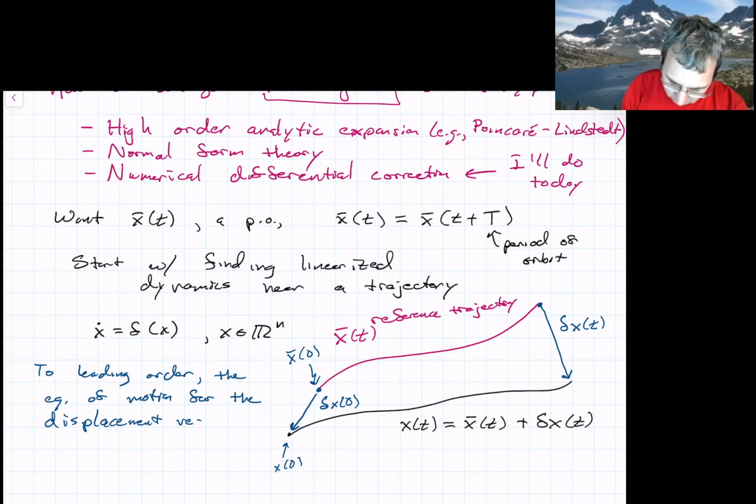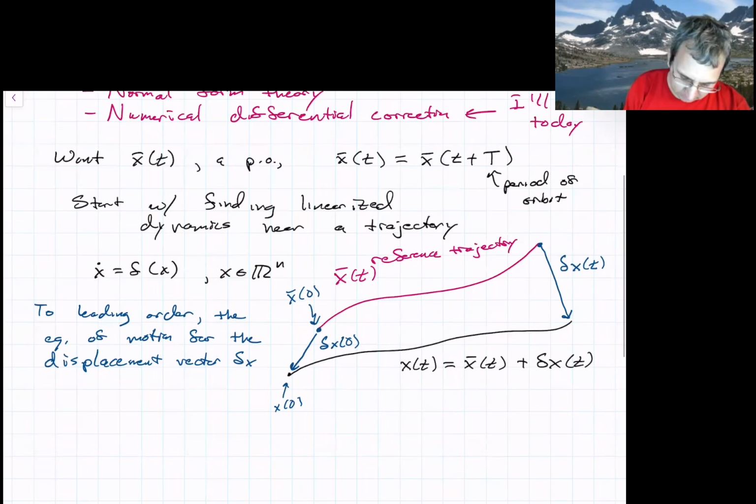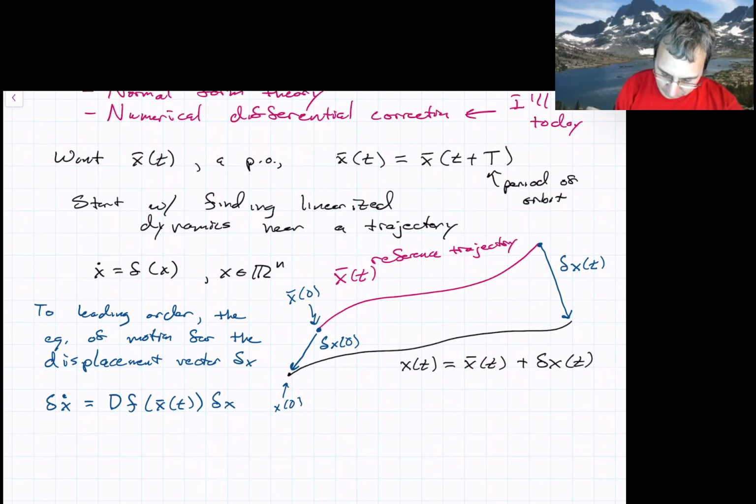Delta x evolves as delta x dot equals df, so that's the Jacobian matrix along the reference trajectory, times delta x.